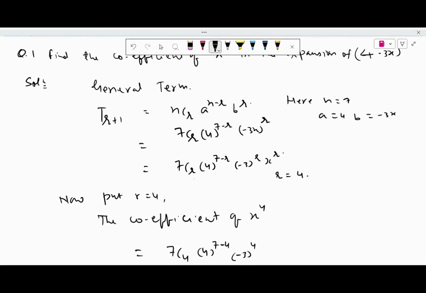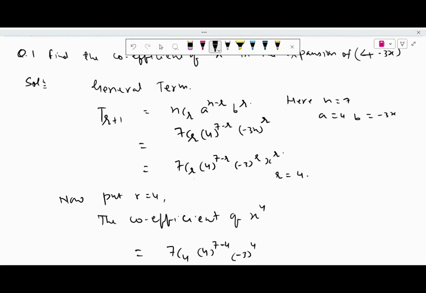See, why are we taking T(r+1)? If we are expanding and take, suppose, the third term, then we have nC2, because it starts from 0.